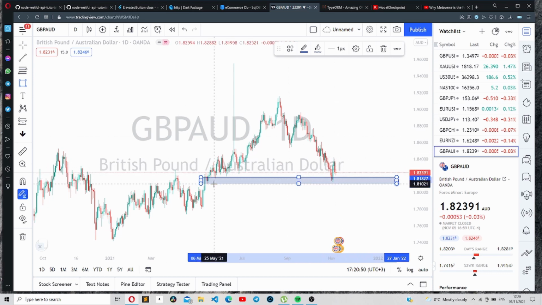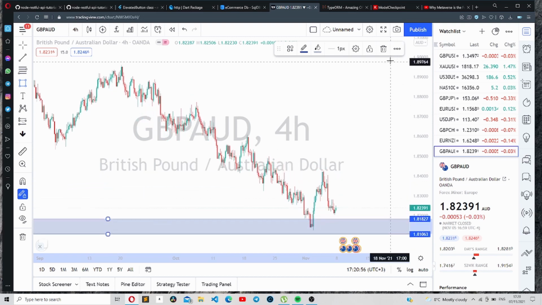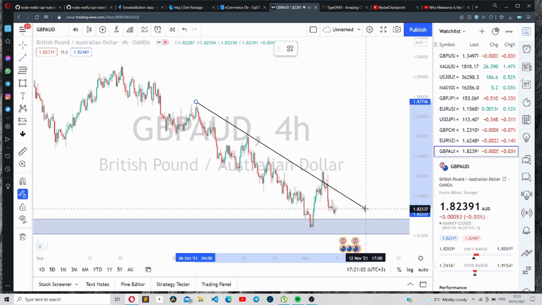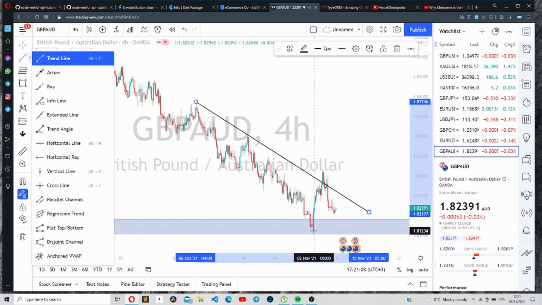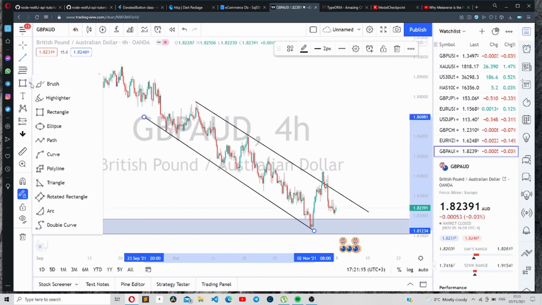So what are we looking at here at lower time frames? If you go to the 4-hour time frame, you can clearly see that when looking at GBP AUD, we're in a clear downtrend, right?